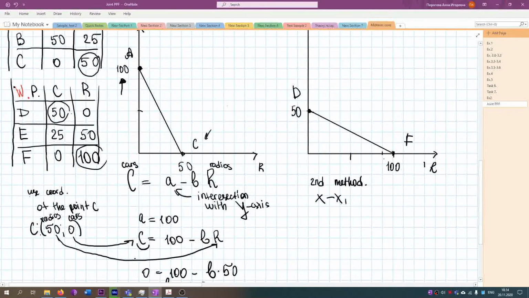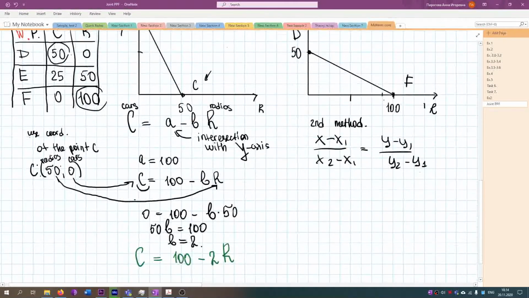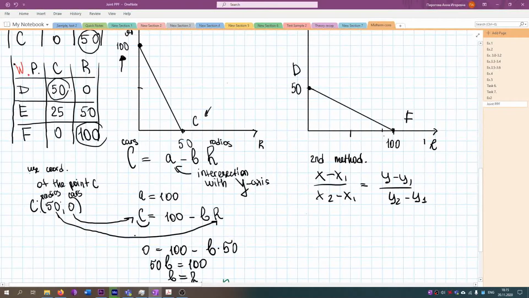It is the equation of the line passing through 2 points. So we will need to use the coordinates of our points. So for the second case, we have our point D. So coordinates of the point D are 0, 50.